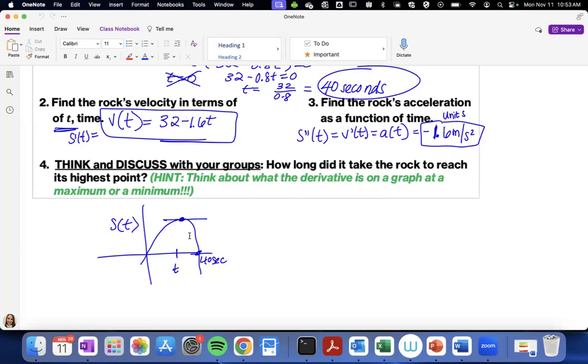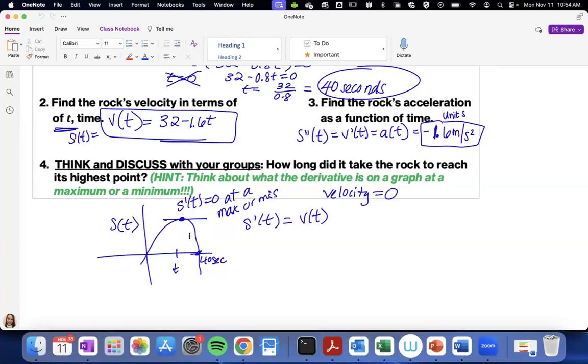The derivative is 0 at a max or min. What's the derivative of position again? Velocity. So you need to set the velocity equal to 0, because think about a roller coaster. You go up, you're kind of stopped, and then you go really fast. So your velocity is 0 at the peak.